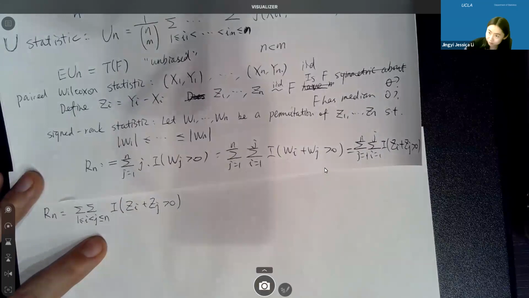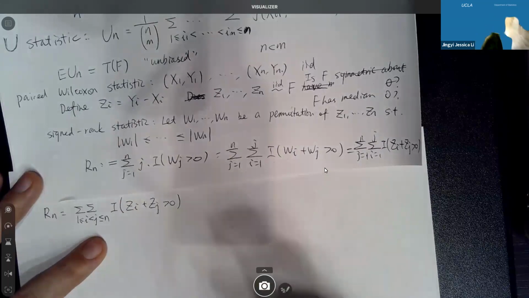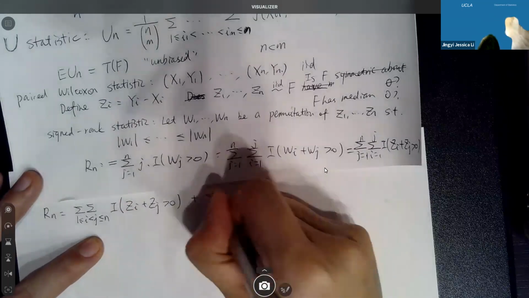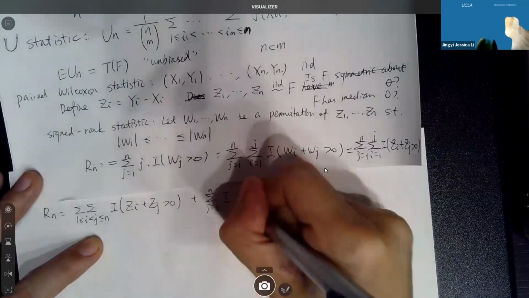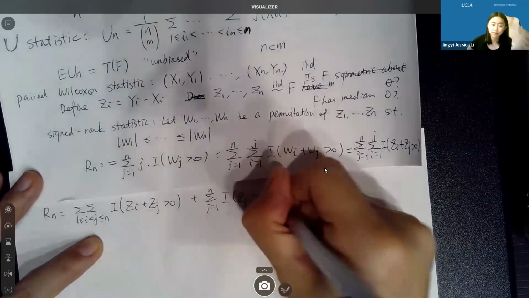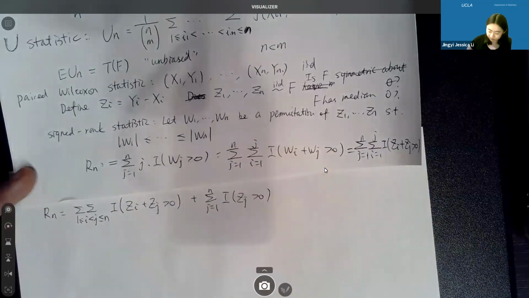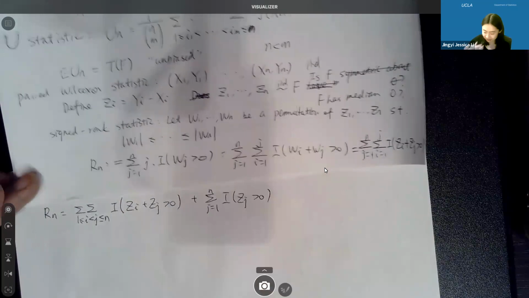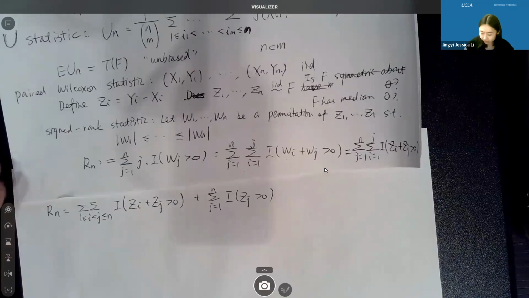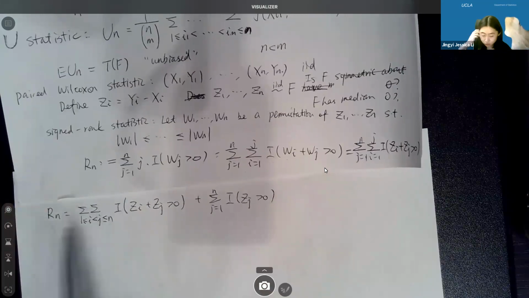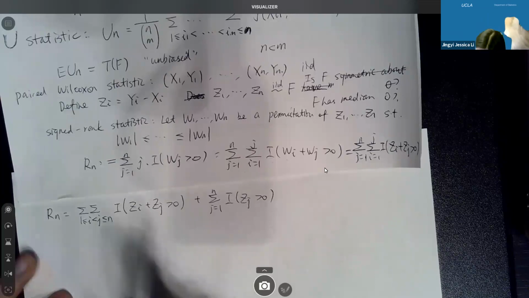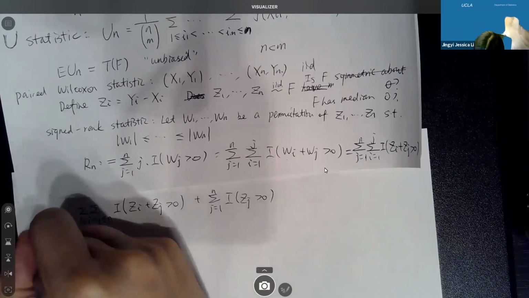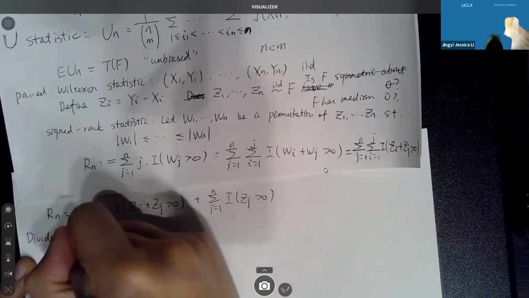And then I will have a remainder, which is the sum over j from 1 to n of the indicator Zj greater than 0. So that's my signed rank statistic. And then finally, what's the connection with the U statistic? We just need to divide this by n choose 2. That's our U statistic.